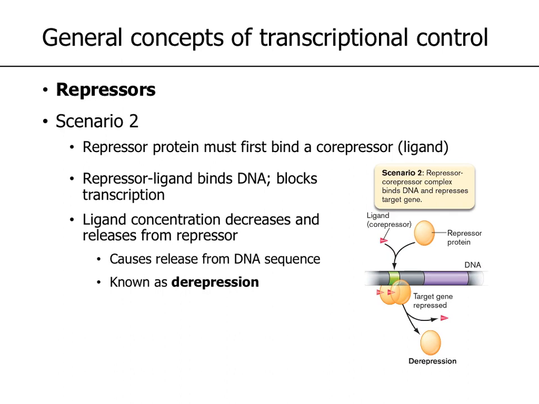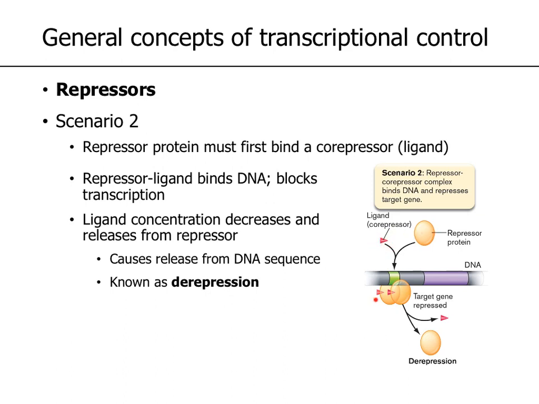Okay, so this is in contrast to scenario 2. Now, in order for the repressor to actually bind to the sequence, it first requires binding to the ligand. In this case, the repressor by itself can't bind the sequence on the DNA. So it requires the ligand, which in this case is called the co-repressor. It requires this molecule to bind here.